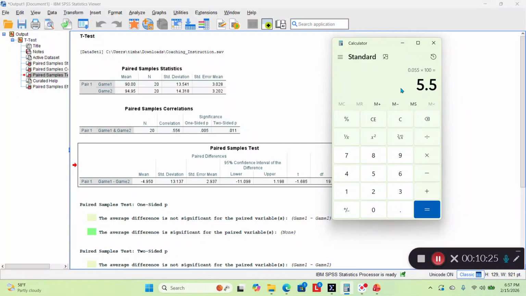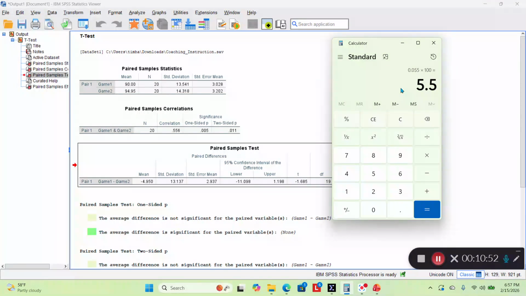All right, so I just gave you the breakdown of the percent change formula. So after doing the post minus the pre, and then dividing that by the pre, and then times it by 100, we get a score of 5.5.